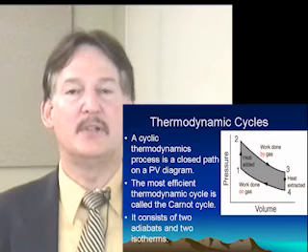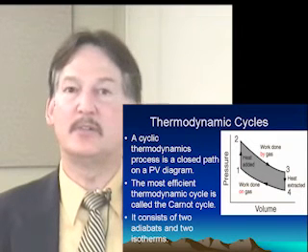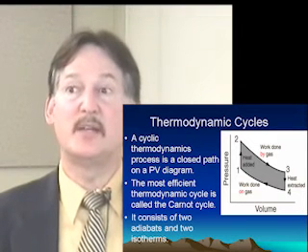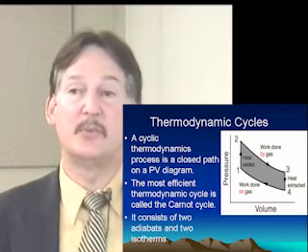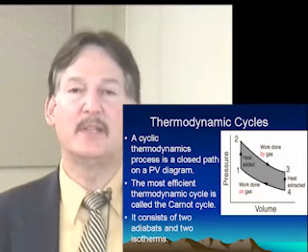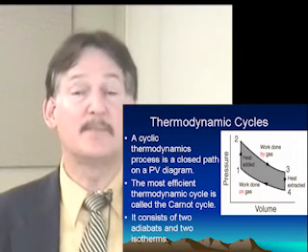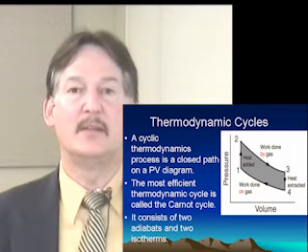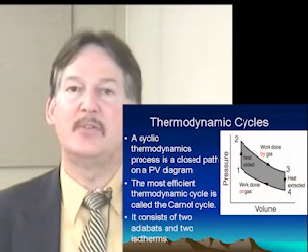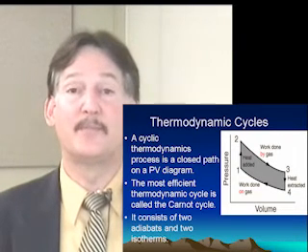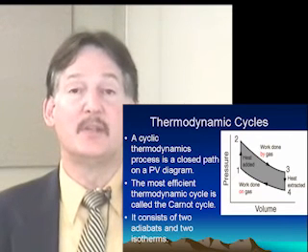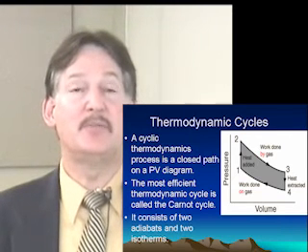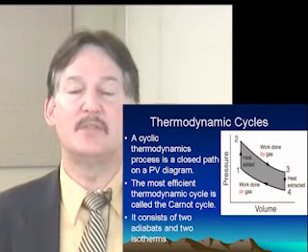Now we know that if the volume stays fixed, there are certain consequences to that on the first law of thermodynamics. If the volume is constant or fixed, then the gas is not doing any work, or there's no work being done on the gas. So what we see here is the pressure is rising while the volume stays fixed.